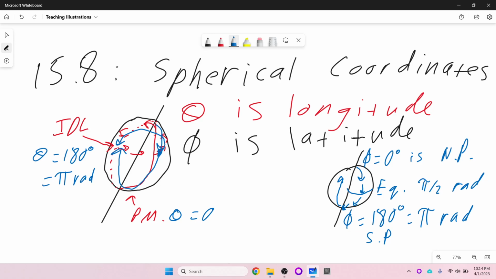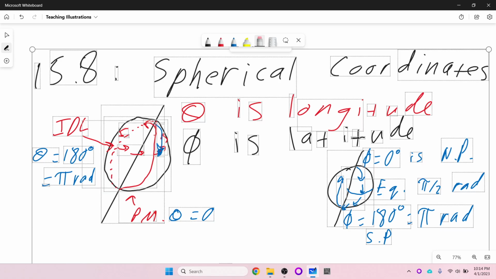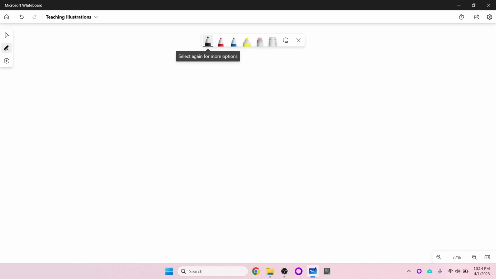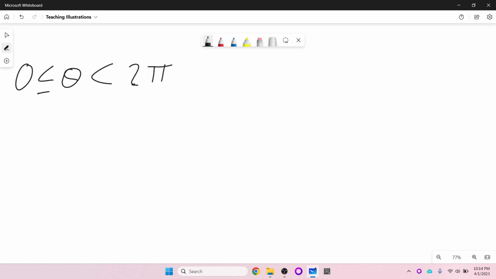So the point there is that we are going to limit our angles again, just like we did in the previous cases, so that every point has a unique representation. So we will say theta is between 0 and 2 pi. I'm not saying equal because 0 and 2 pi would be the same thing. And phi is between 0 and pi.